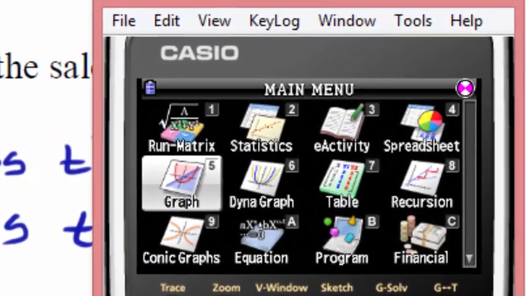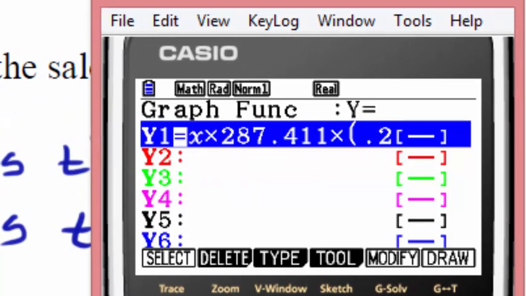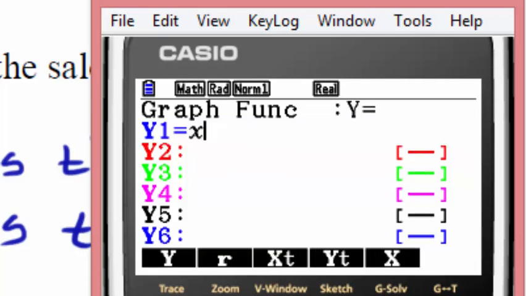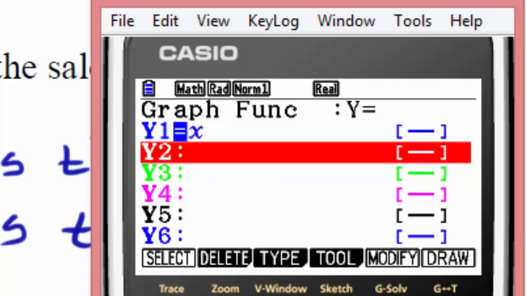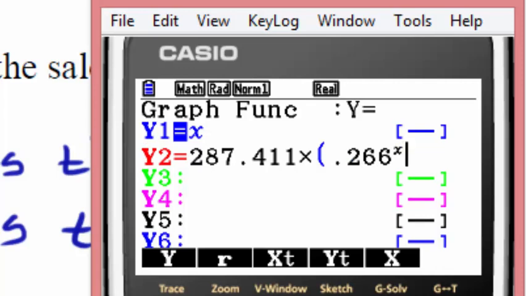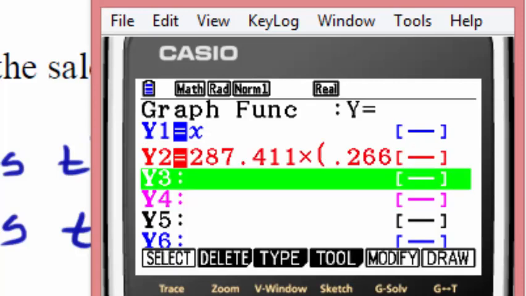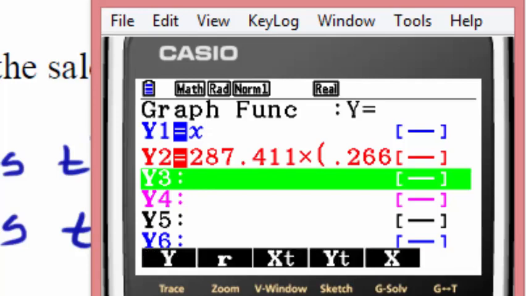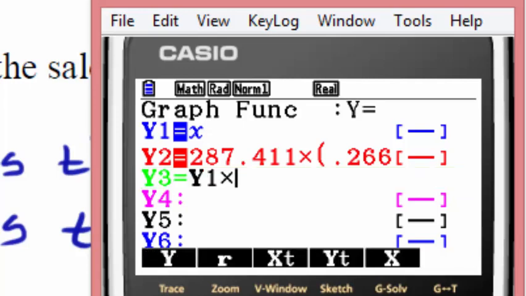If you are following along in the note-taking guide, what some folks will do is put their price function in Y1, their demand function in Y2, and then go to Y3 to combine the two. So here I'm going to go Y1 times Y2.